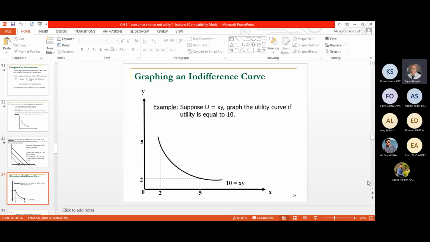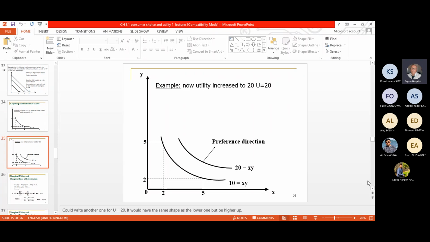As you see, then you have the 2 points and you draw this indifference curve and represent the utility function, which is already given to you. Therefore, when we move to the upper positions, then it is expected that utility shifts to an upper level and becomes higher. As you see now, the utility is increased to double, then becomes 20, then 20 for x times y, then the preference direction is moving away from the origin.